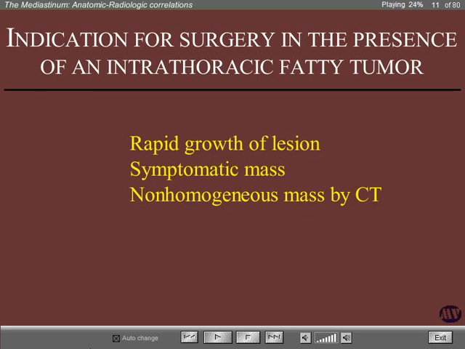However, we should be cautious, because if there is a rapid growth of a mass that appears to be benign because of the uniform low CT values of the mass by CT or the brightness by MR examination, or if the mass becomes symptomatic, and again we saw that about 50% of lipomas can become symptomatic, or if there is a non-homogeneous mass by CT, the patients may have a liposarcoma.